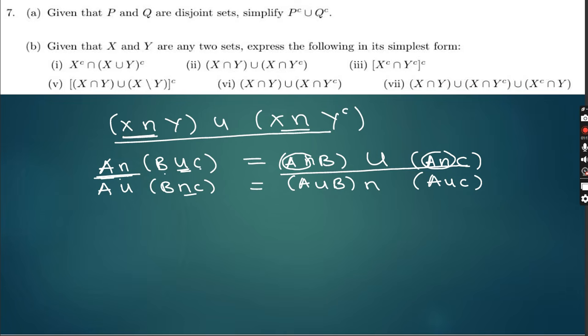So this is common, guys, and we can factor it out. We have X intersection there, and here we remain with Y, in between we have union, then we have Y complement here. X intersection and X intersection will cancel, and we are going to have Y complement there.